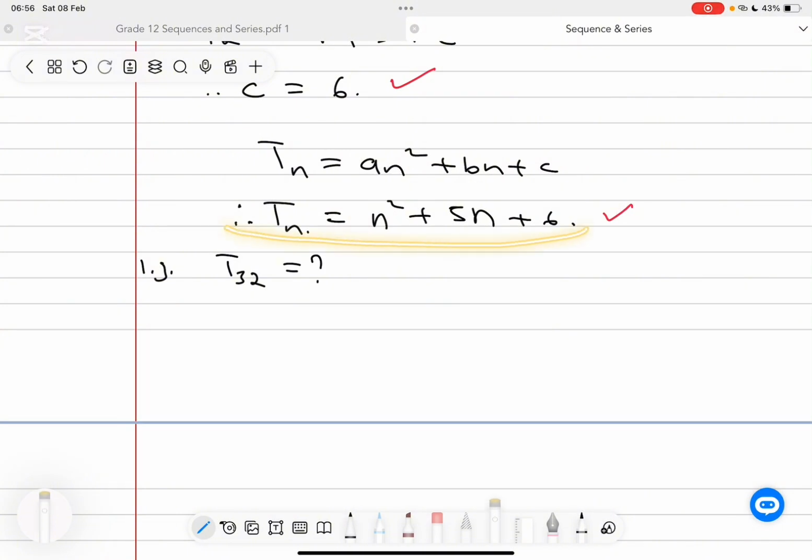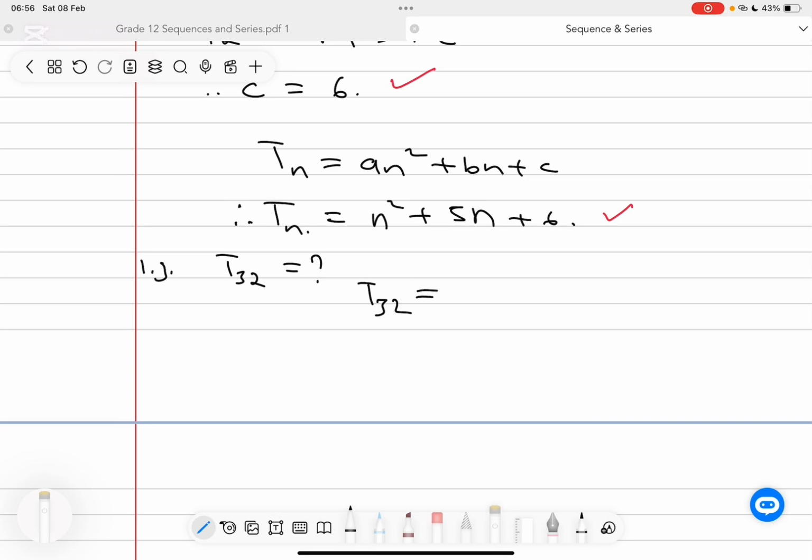Now we already have our formula here, so that means if I come here and say term 32, what I'm simply doing is substituting this 32, because n here is 32, the 32nd term. So I'm going to substitute 32 where I see an n in our general formula, because remember, the general formula assists us to find any term.